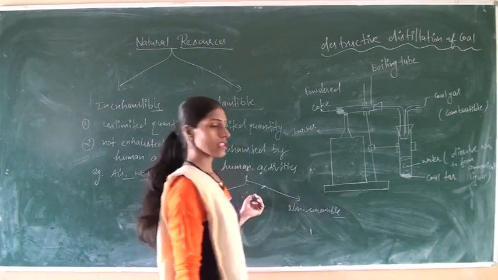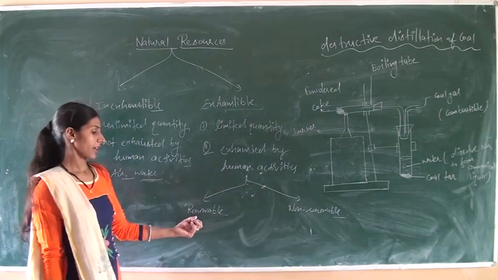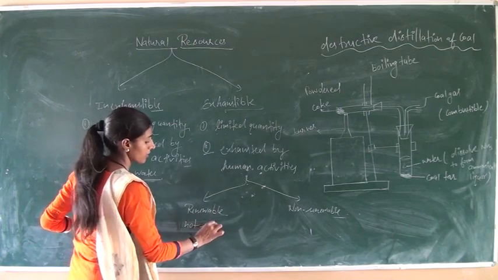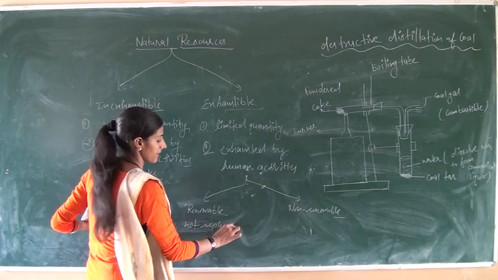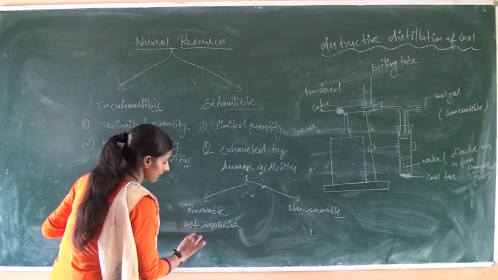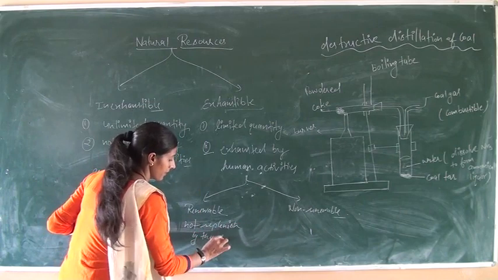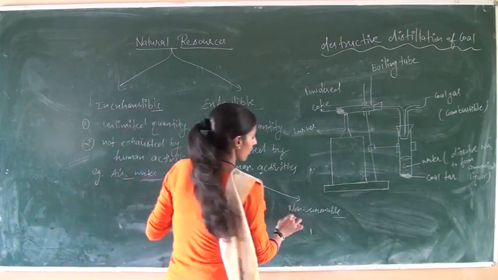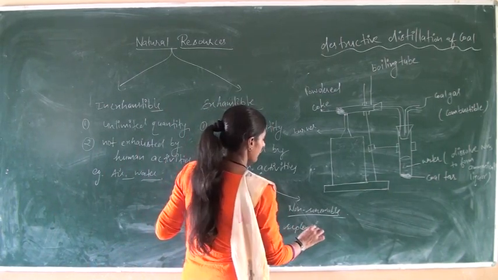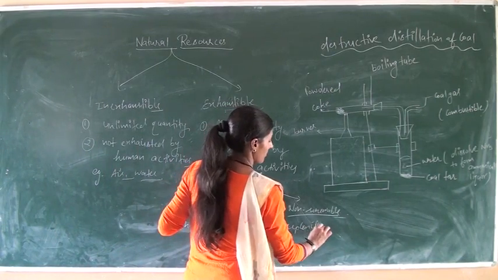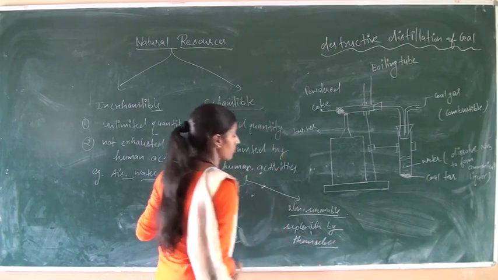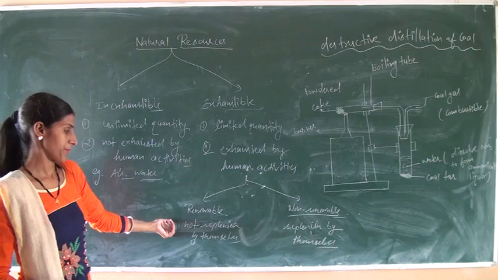Renewable exhaustible natural resources are those resources which are not replenished by themselves. But non-renewable resources are replenished by themselves. Both are exhaustible natural resources. Okay?